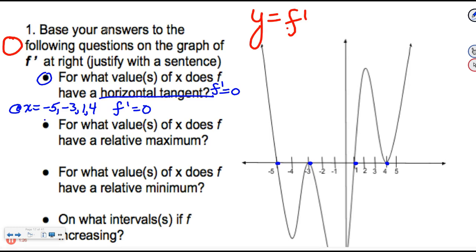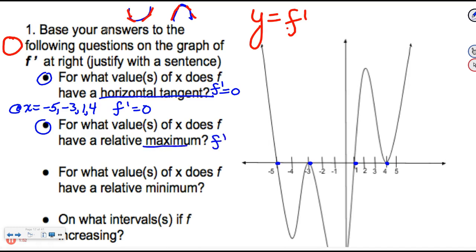Some of those are relative extrema, and your task for the second bullet is to figure out which one has a relative max. Remember, for a function to have a relative maximum, it must be going up and then down, or down and then up, which means its slopes, or f prime, must be positive and then negative, or negative and then positive. So we look at where f prime changes sign.